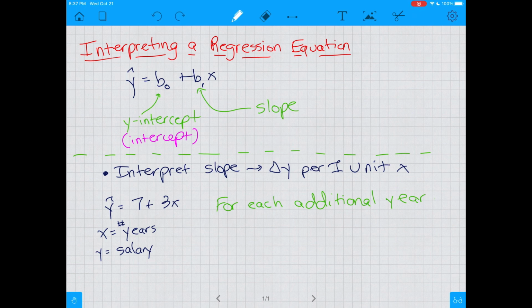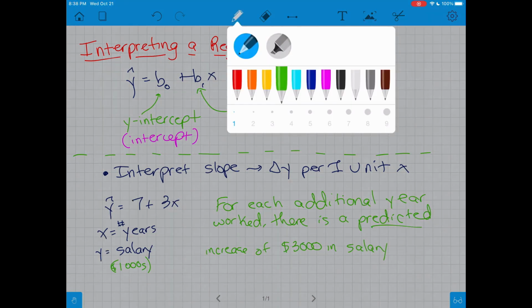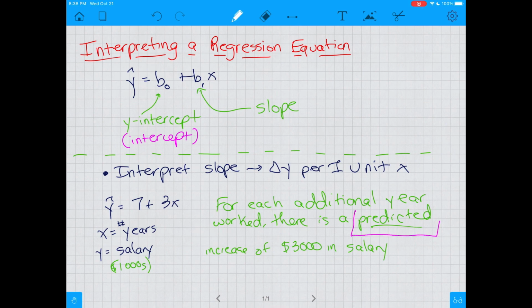For each additional year worked, there is a predicted increase of, let's say this is salary in thousands of dollars, of $3,000 in salary. And again, this word predicted is probably the most important part of your answer.